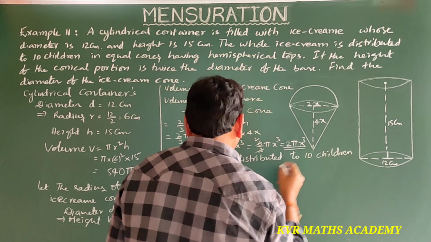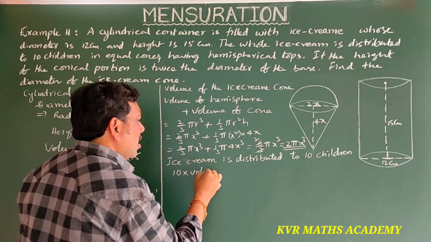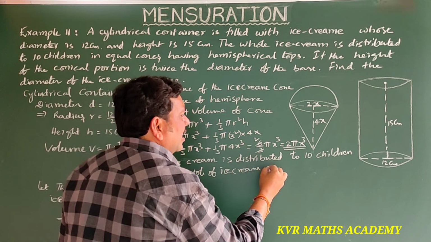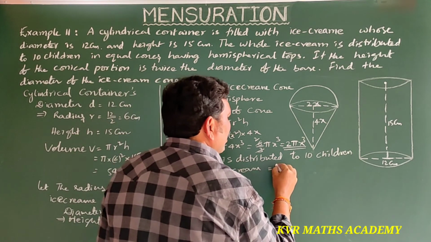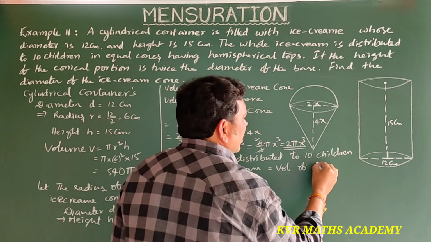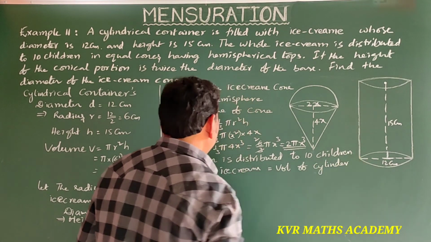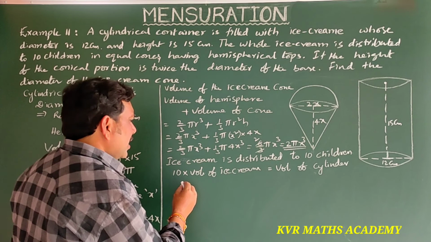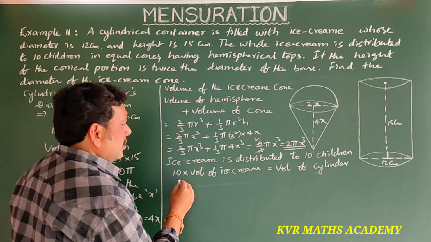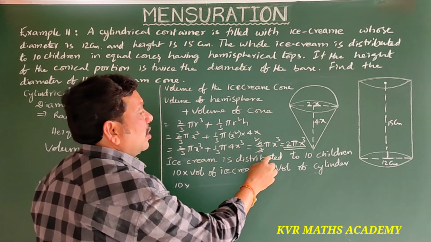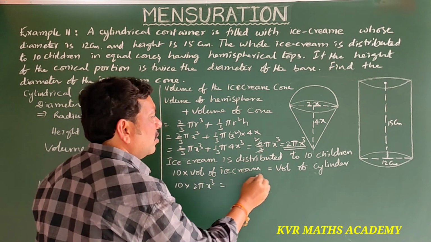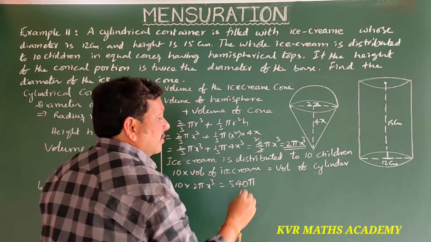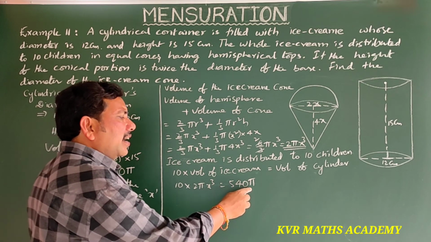So 10 into the volume of one ice cream is equal to the volume of the cylinder. The volume of one ice cream is 2 pi x cube, and the volume of the cylinder is 540 pi. So 10 into 2 pi x cube is equal to 540 pi.